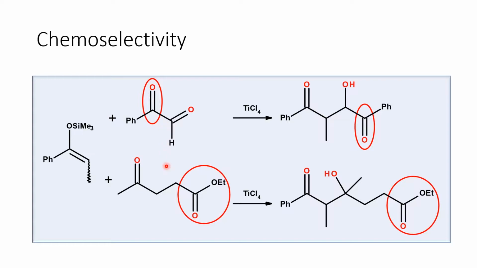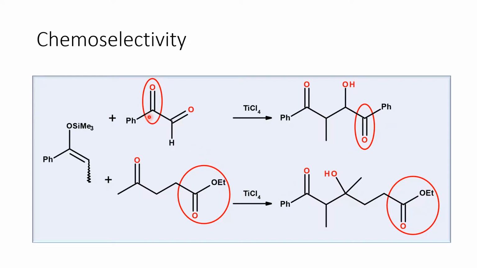Now, if we have an ester and a ketone in the same compound, what happens if we react the same silyl enol ether in the presence of TiCl4 as the catalyst? We have a ketoester, and in this particular case the ketone part undergoes the aldol condensation reaction, whereas the ester part did not undergo the reaction.